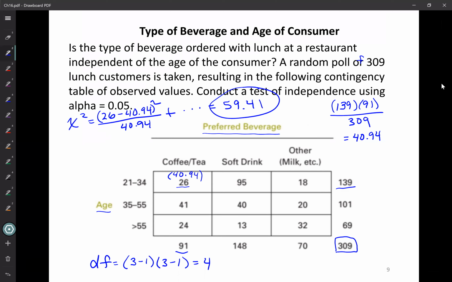That means there is a correlation between the two, and they are not independent. They are, in fact, dependent. So depending on the age, it can probably be safe to predict which beverage they prefer. And that's how you conduct the chi-square test of independence.